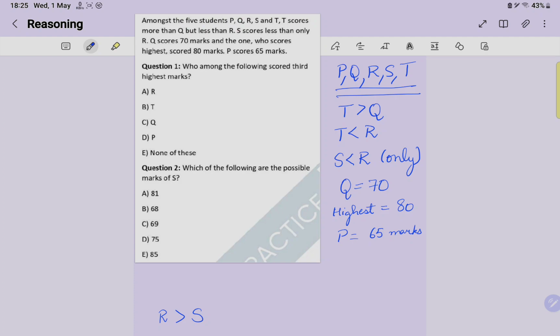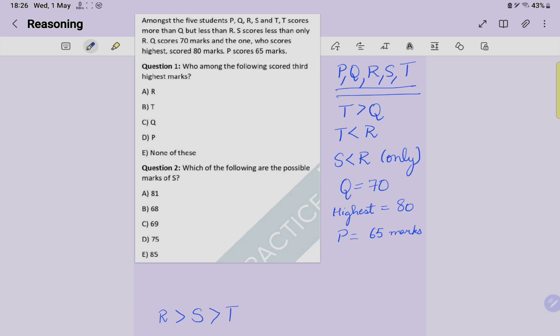The next thing that we need to add here is the relationship between R and T. We know that T is less than R. So it could be that T will have less marks than S. Now why have I taken this condition?